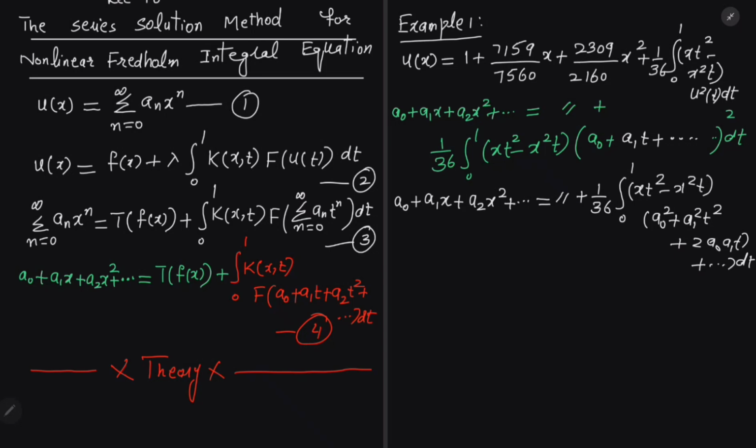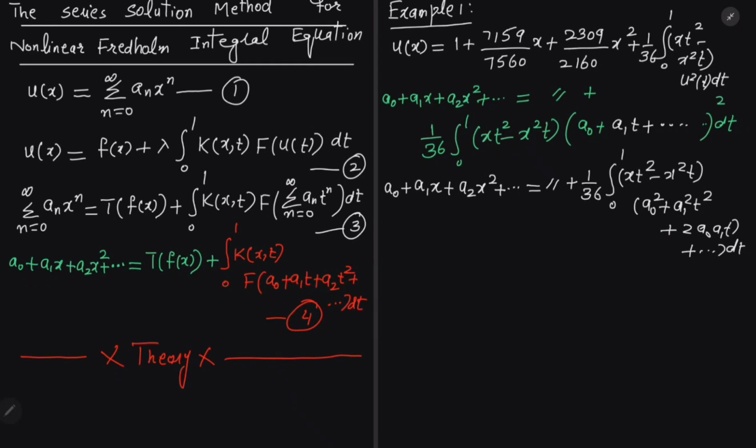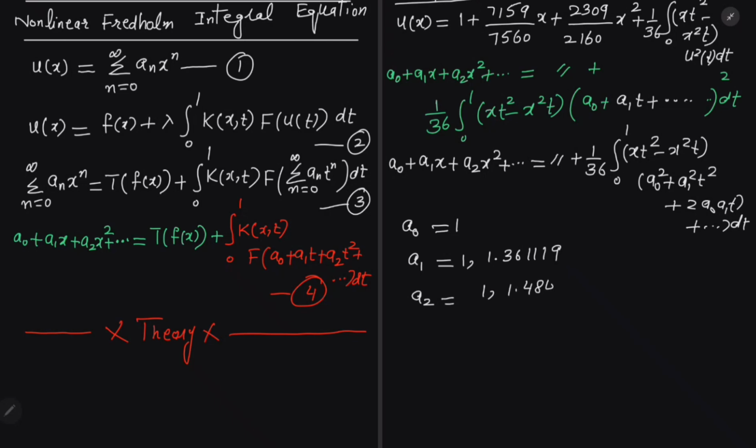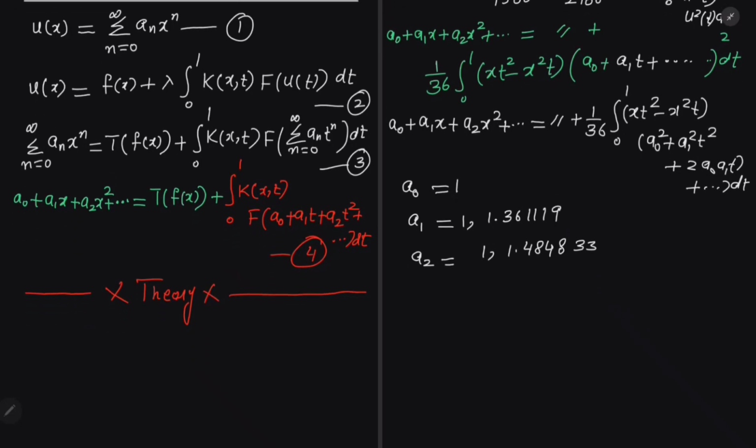So I think you can solve it yourself, and at the end you will get the coefficients. For a0, you will get one coefficient, might be 1. Then for a1, you will get two coefficients, 1 and 1.36 triple one, something like that, and for a2, 1 and 1.4848 double three, and so on.